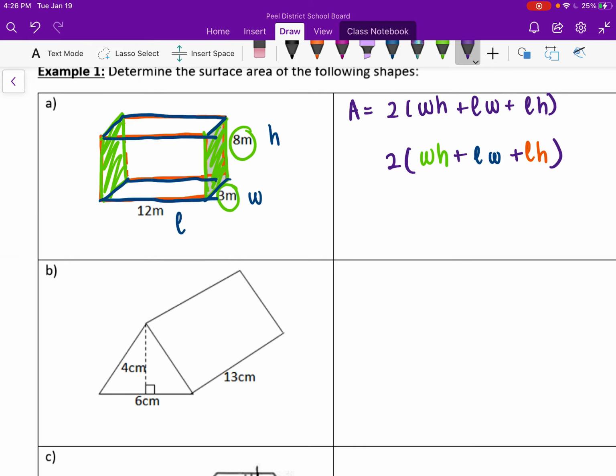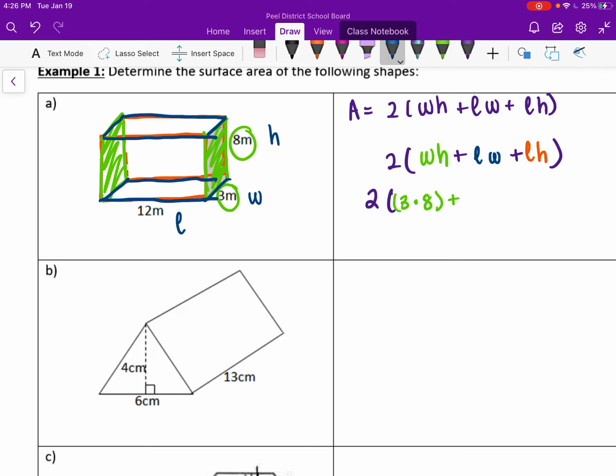So I know that the first box I have 2 times width, which is 3 times H. So I'm just going to put them in the color that they are in, but you don't have to do this color coded. I'm just doing it for the purposes of showing you. So the green box has a 3 times 8, right?